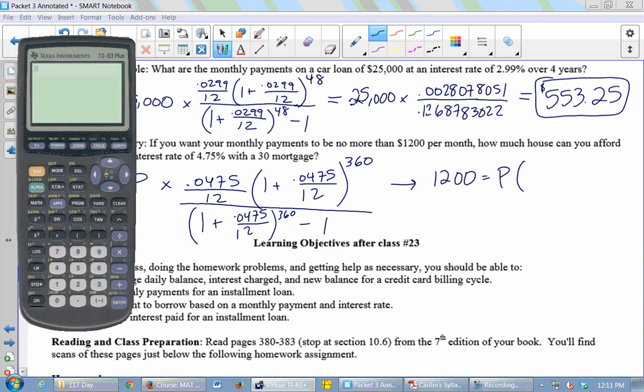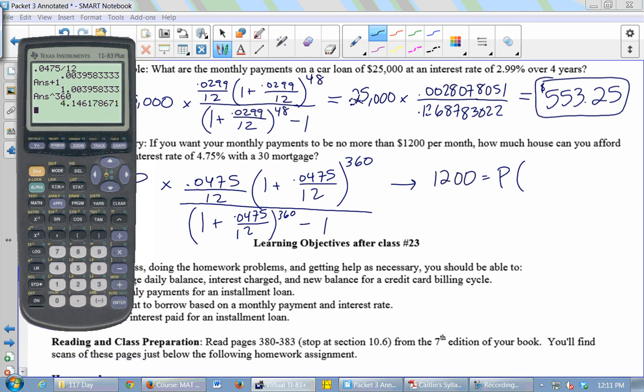So I'm going to work on the numerator first. Okay. And I'm going to follow the order of operations. So I'm going to start in the parentheses and do 0.0475 divided by 12. Then I'm going to add 1 to that. And then I'm going to raise it to the 360.